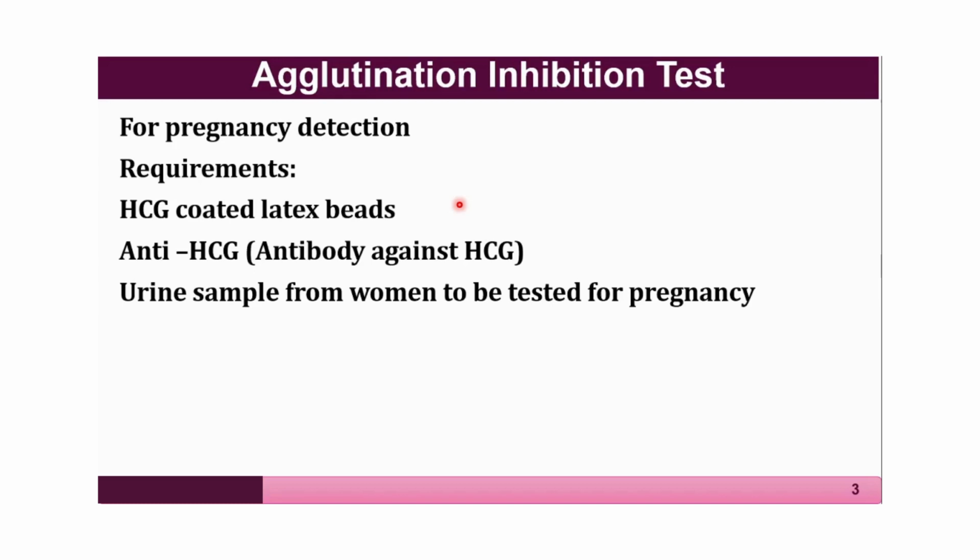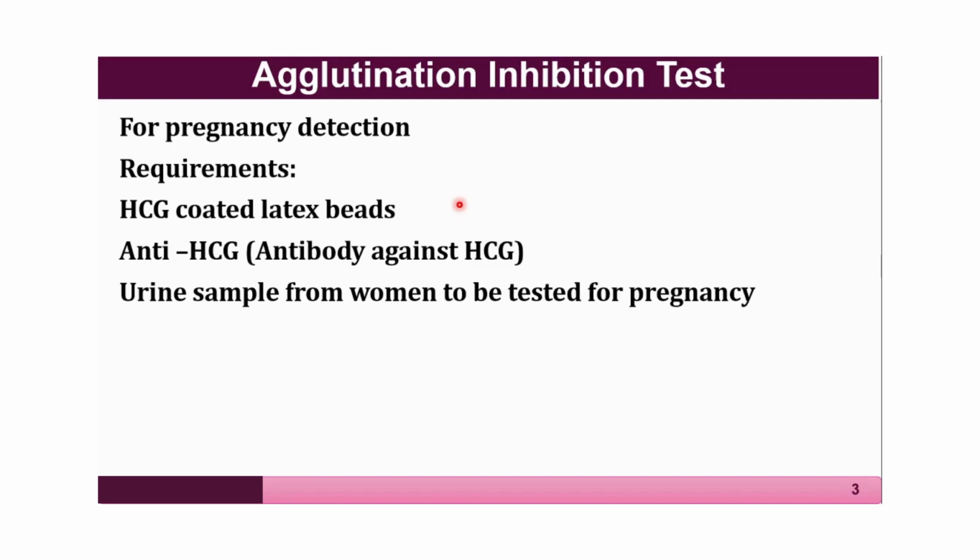So HCG can be extracted and purified from the pregnant urine, and that HCG can be used for developing antibodies against it by injecting the pure HCG into any animal like rabbit, sheep, goat or horse.